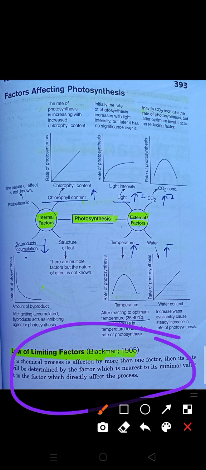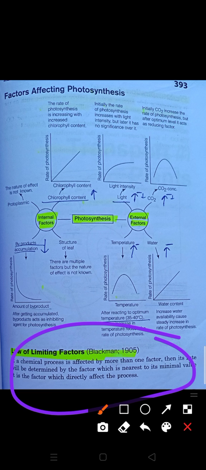You know very well, photosynthesis is a chemical process, because in this chemical process solar energy is changing into chemical energy. Okay, so for example, if in the presence of a green leaf, light is there, CO2 is there, the plant may not photosynthesize if the temperature is low.